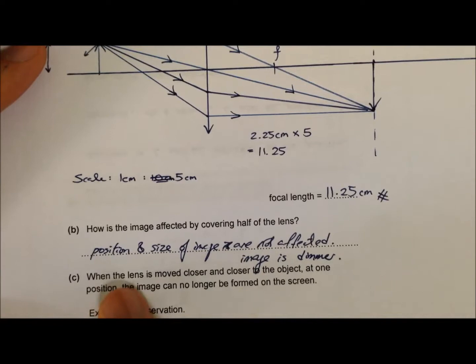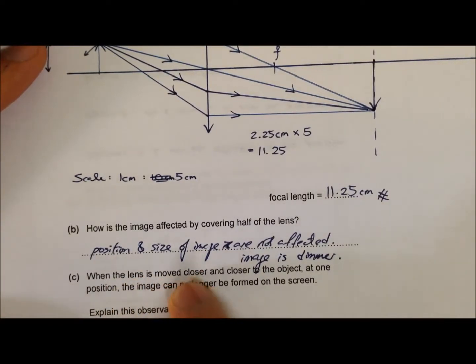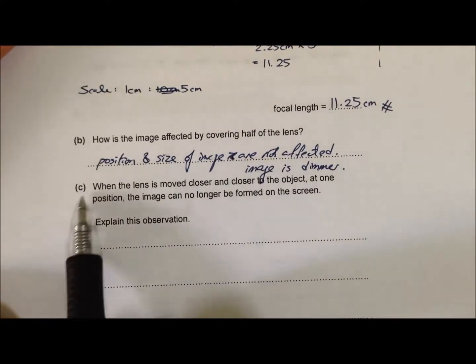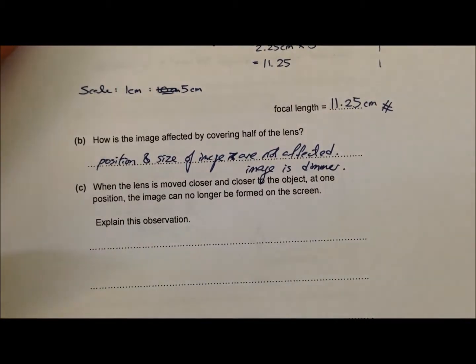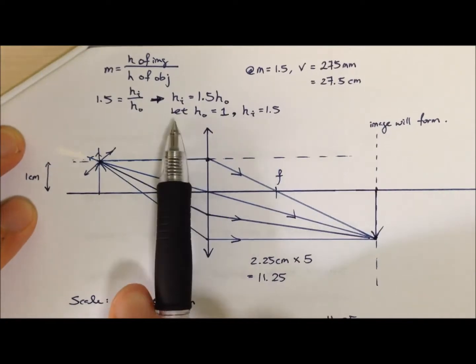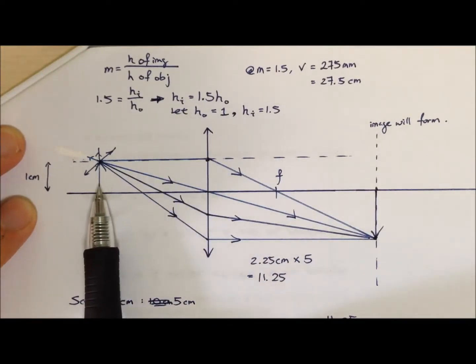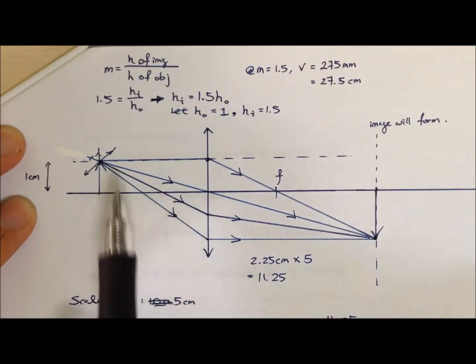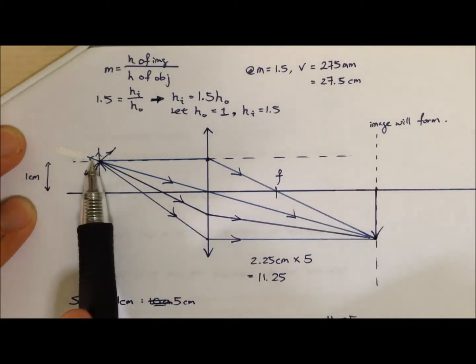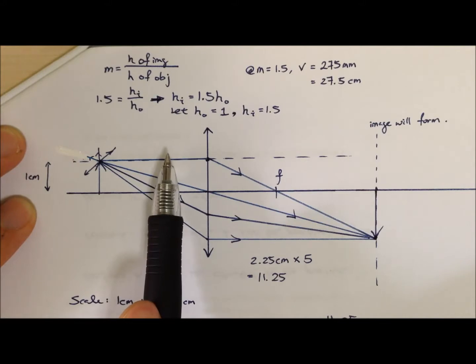Now next thing, when the lens is moved closer and closer to the object, at one position the image can no longer be formed on the screen. For part C, I think it is too simple. What happens is that when you are moving the lens towards the object, it's the same thing. You can think of it as moving the object closer and closer to the lens.